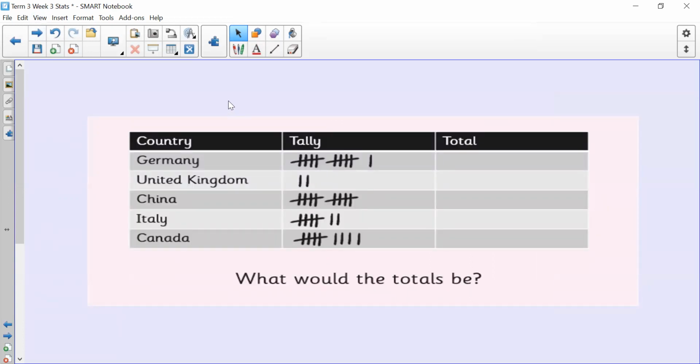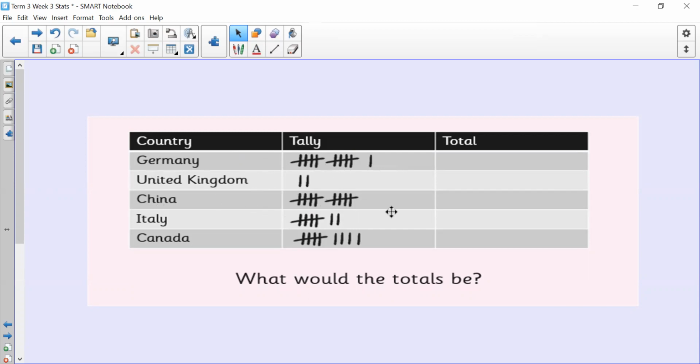This is data that was gathered at Heathrow Airport. They were seeing where the people were flying in from. Germany, how many people were flying in from there? United Kingdom, so might have been Scotland.